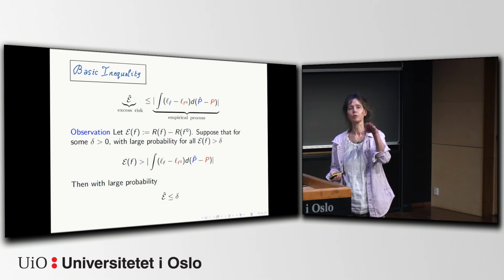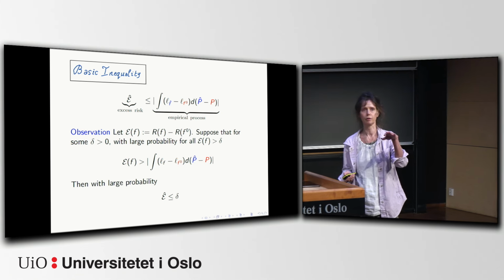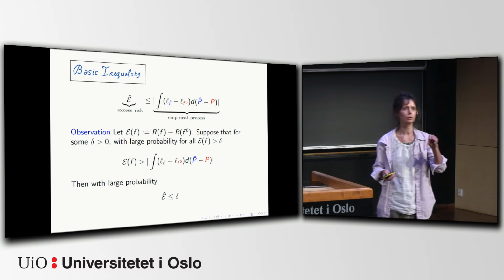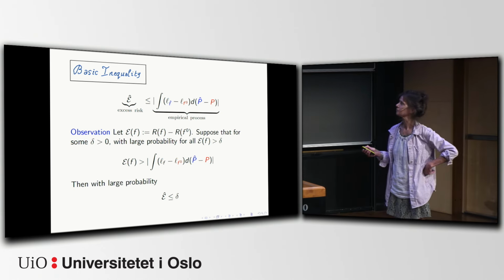Because if something holds uniformly over a certain argument, it will also hold for the random variable, okay? So that's why uniform bounds are useful in statistics, so maximal inequalities.